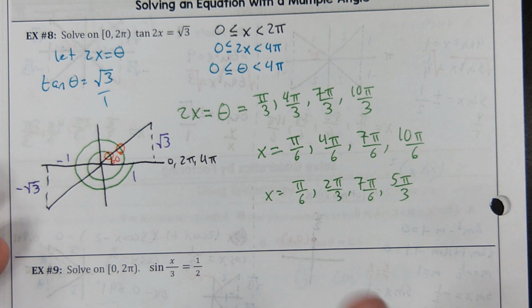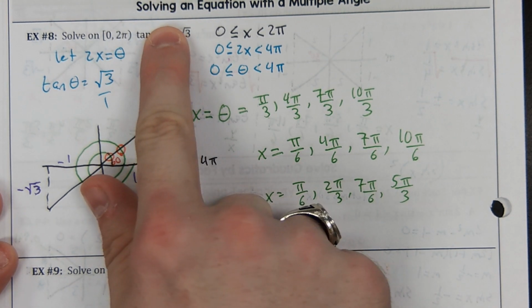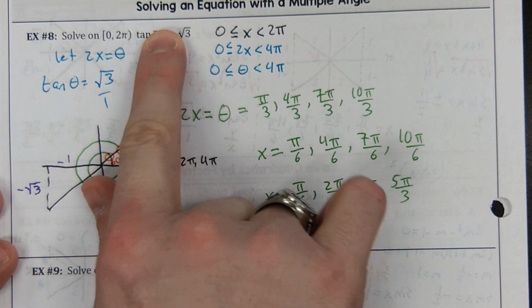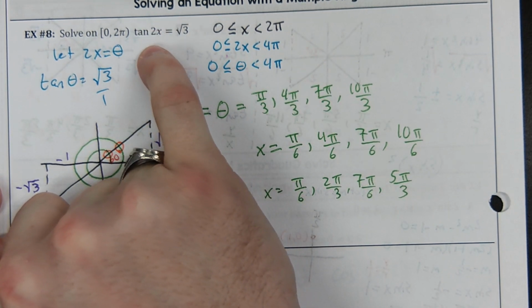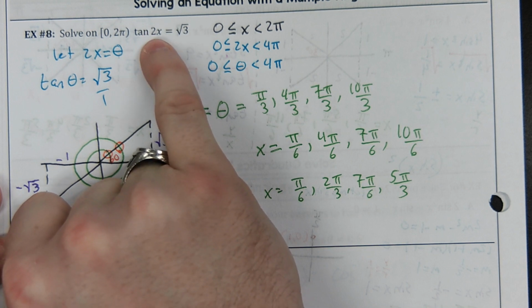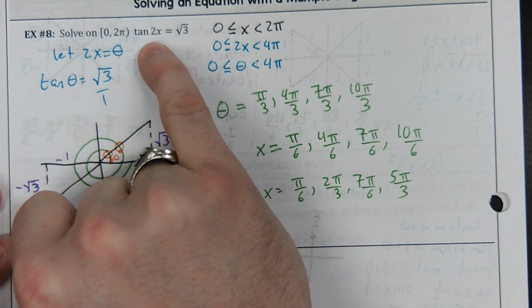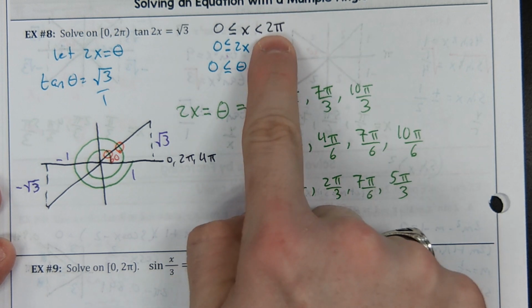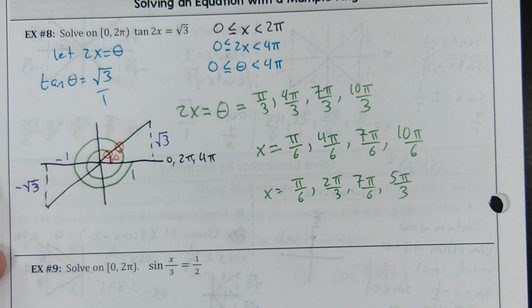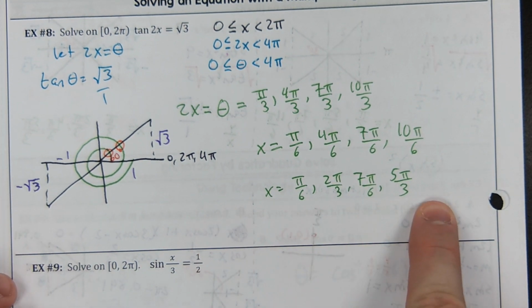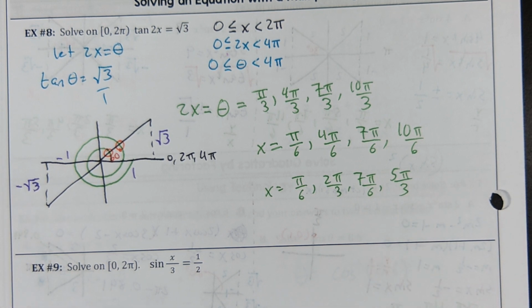Well, think about it like this. You know that tangent of theta should have had 2 solutions in one full circle, but because this period length is half the length, this tangent is going to complete more than 2 cycles in that period. It's going to create 4 cycles in that period, so you should have 4 solutions. But notice I didn't even have to know that to get the 4 answers. It's just helpful to verify for yourself that, yes, I should have had 4 solutions. But it's not necessary.